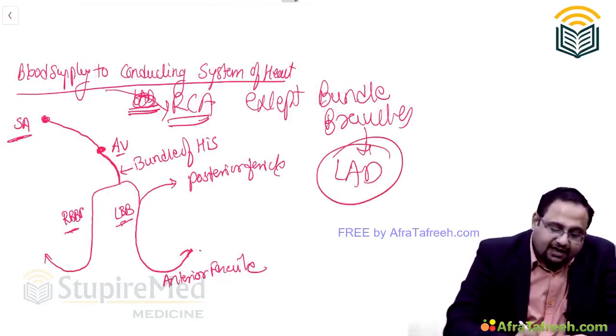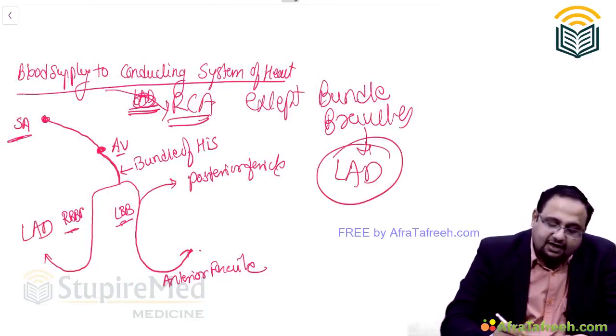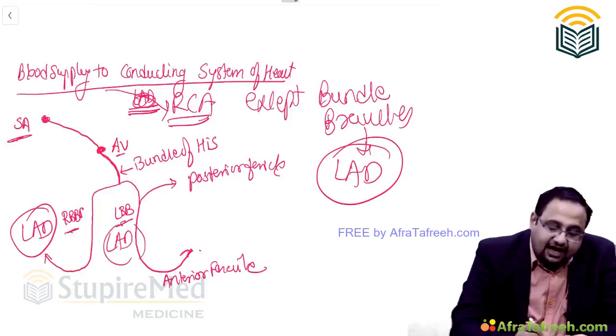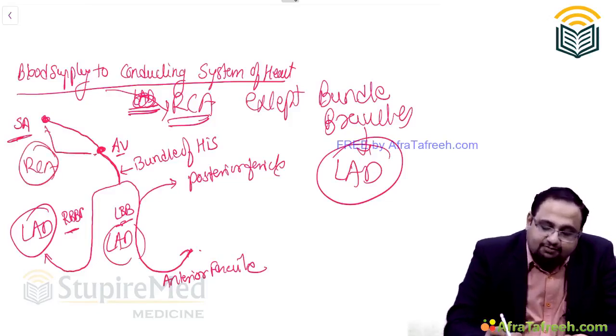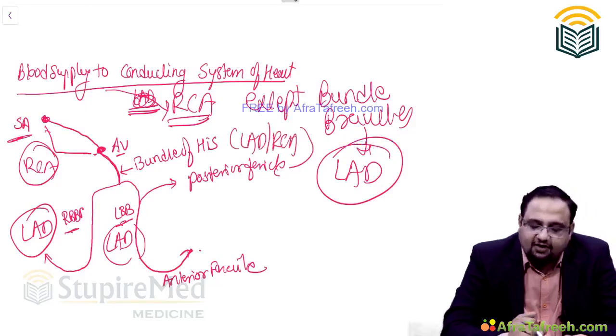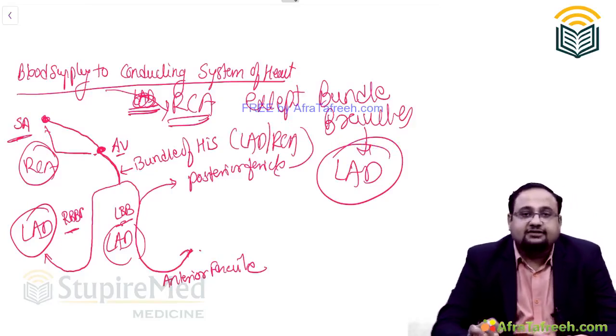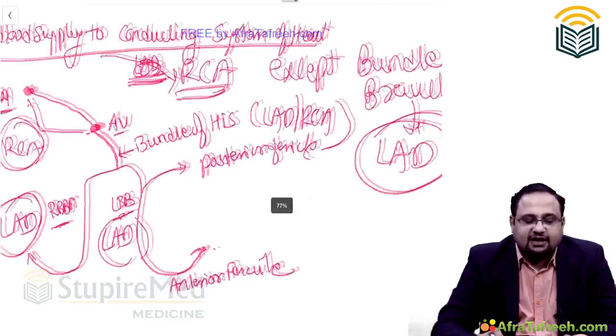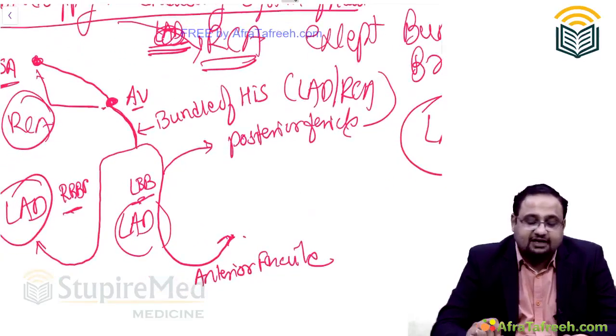So your right bundle branch and left bundle branch, and the fascicles, are supplied by the left anterior descending artery. The SA node and AV node are supplied by the right coronary artery, and the bundle of His is supplied by both the LAD and the right coronary artery. Okay, in short, to remember, friends: the whole conducting system of the heart is supplied by the right coronary artery except the bundle branches, which are supplied by the left anterior descending artery.